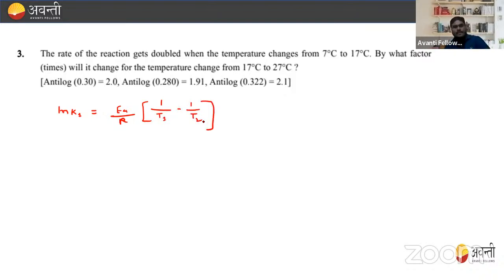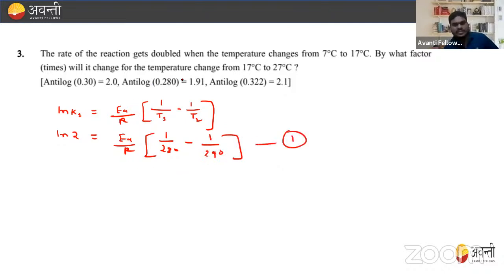The rate changes by double, so ln(K2/K1) becomes ln 2, when the temperature changes from 7 degrees to 17 degrees. 7 degrees means 273 plus 7, in Kelvin. So T1 becomes 280 Kelvin, and T2 is 273 plus 17, which is 290 Kelvin. So this is the first statement.